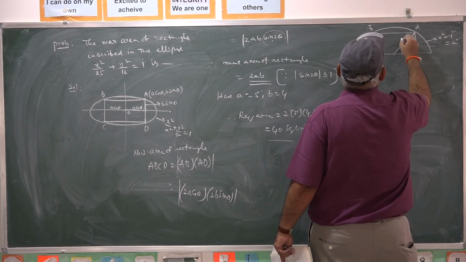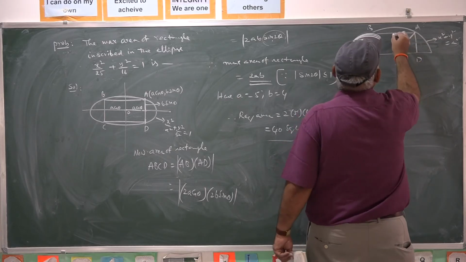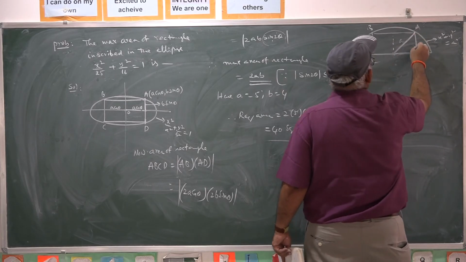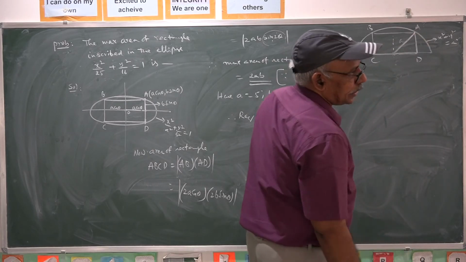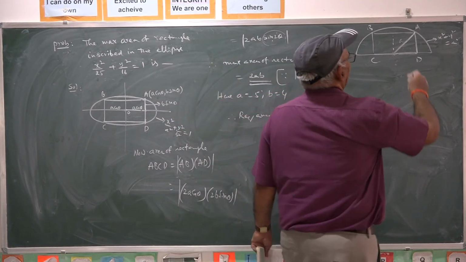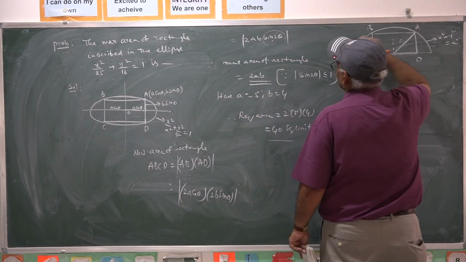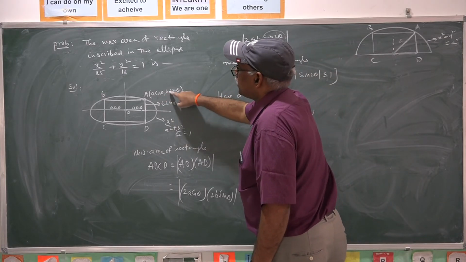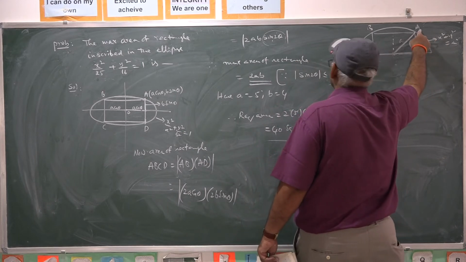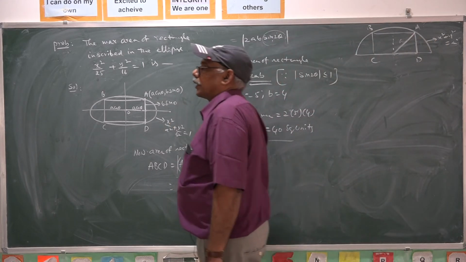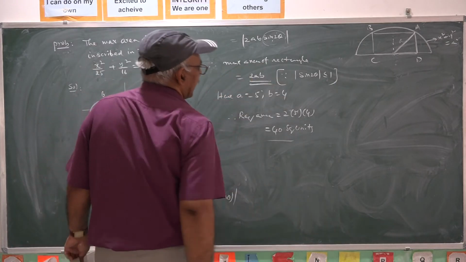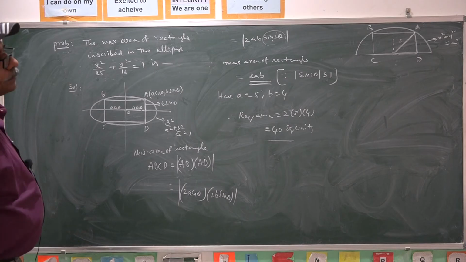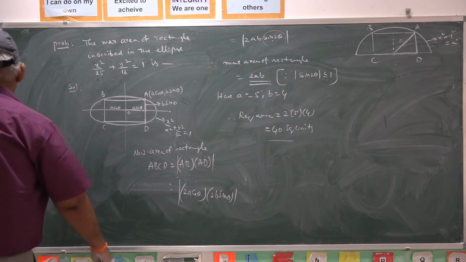This one is radius a. Let us consider this length is x and this length is y. Otherwise, a cos theta, a sin theta is the point here, because instead of b sin theta, once you take a cos theta, a sin theta, it satisfies this equation. Like that you can find the maximum area of a rectangle inscribed in the semicircle. Okay, you try on your own.